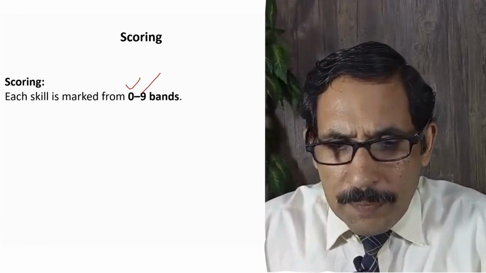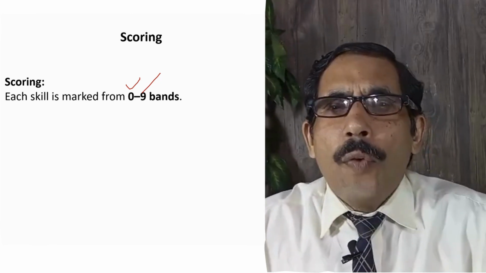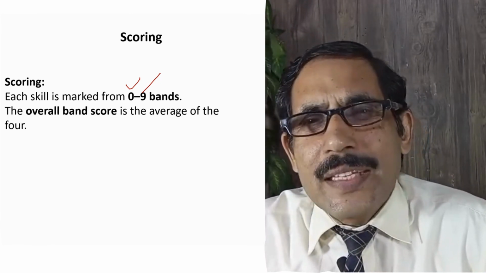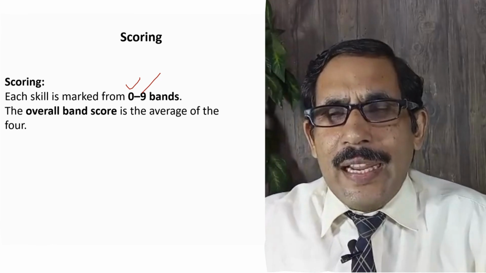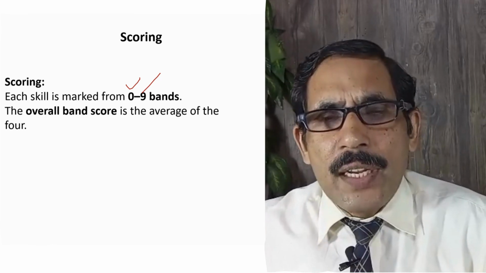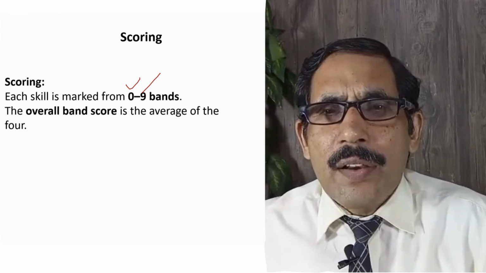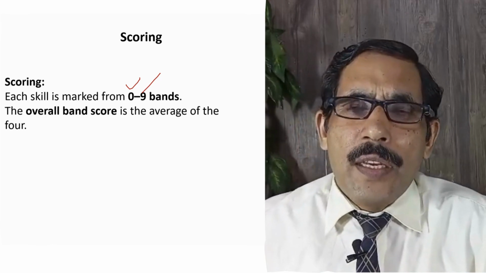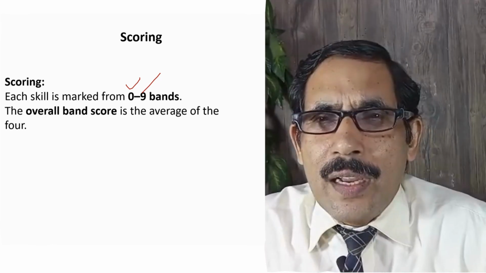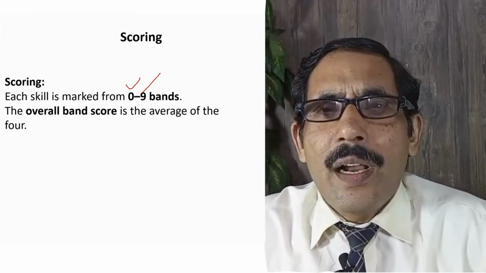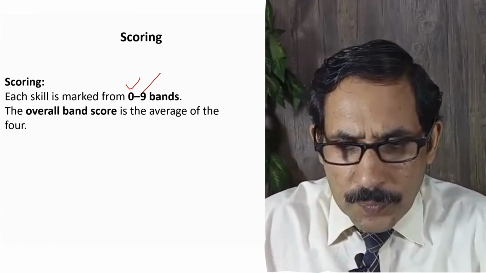At the end, an overall cumulative score is mentioned. For example, you have 8 bands in reading, 7 bands in writing, 8.5 in listening, 9 in speaking. On the basis of that, a cumulative result is made.